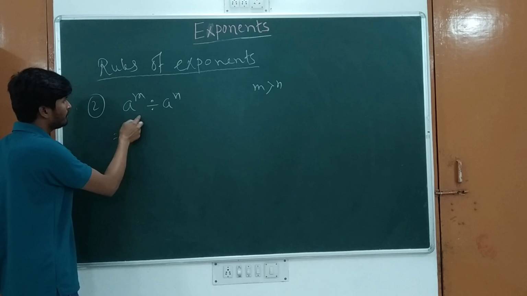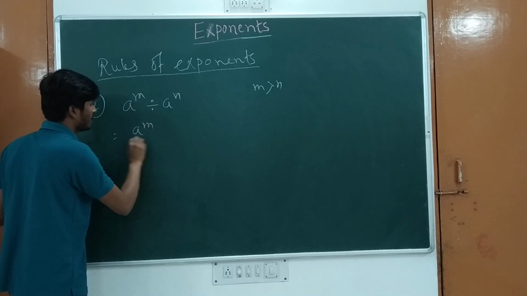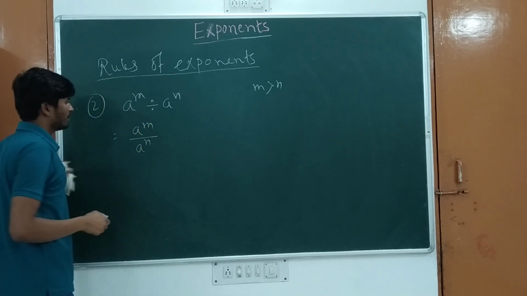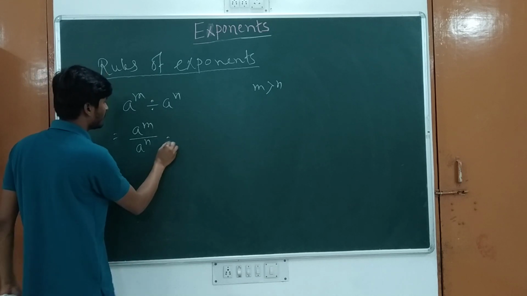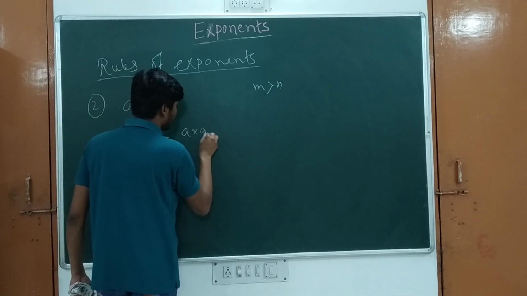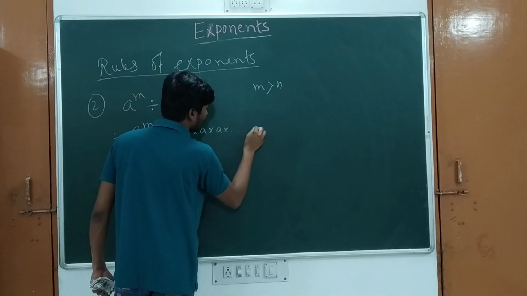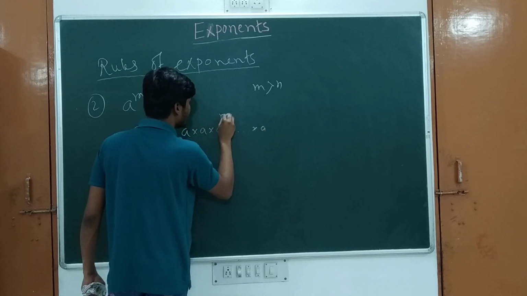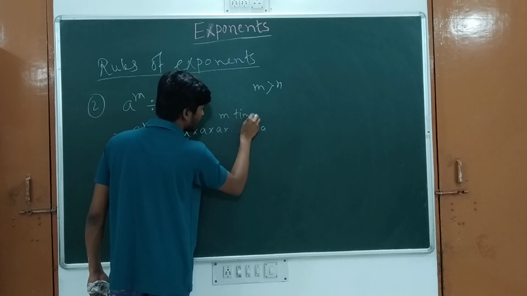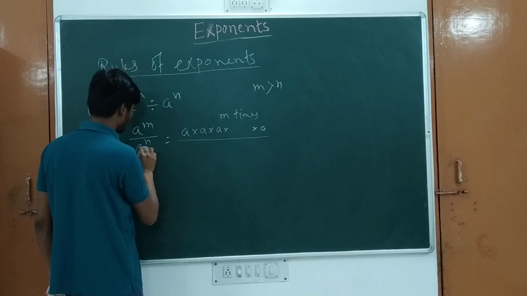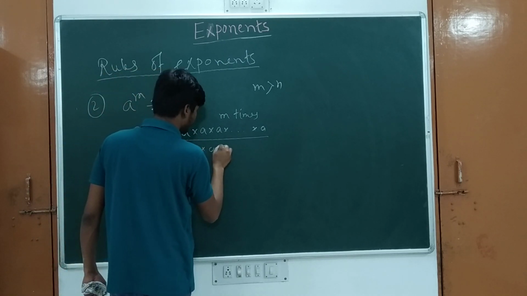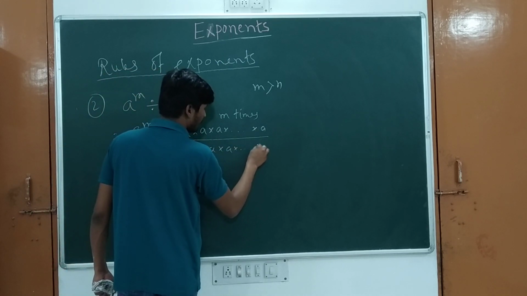So here it is a to the power m by a to the power n. How can I write a to the power m? A into a into a into a, m times.